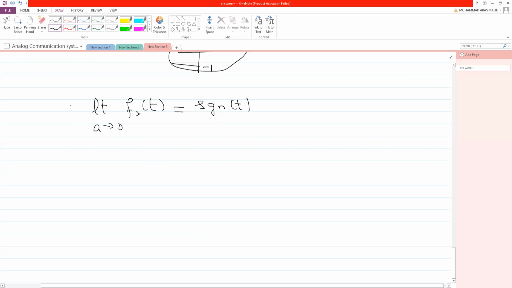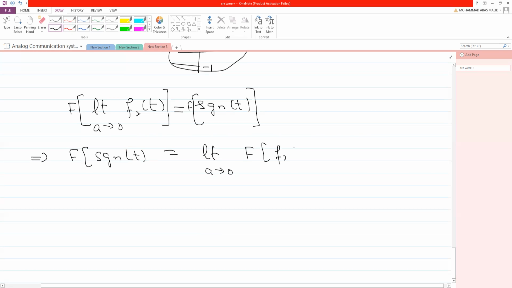Now you can say the Fourier transform of the limit of a tends to 0 of f2 of t is equal to the Fourier transform of signum of t, because we aren't using the mathematical formula, we are using indirect means. So the Fourier transform of signum of t is equal to the limit of a tends to 0 of the Fourier transform of f2 of t.